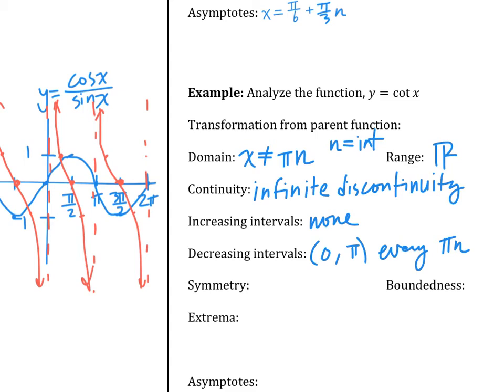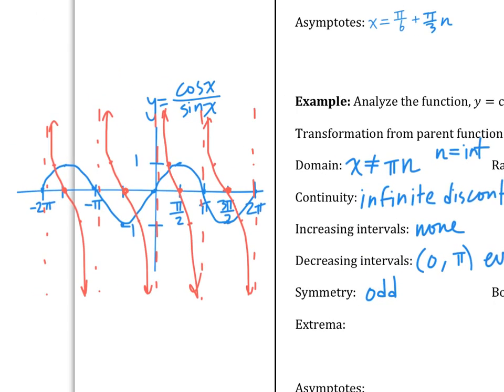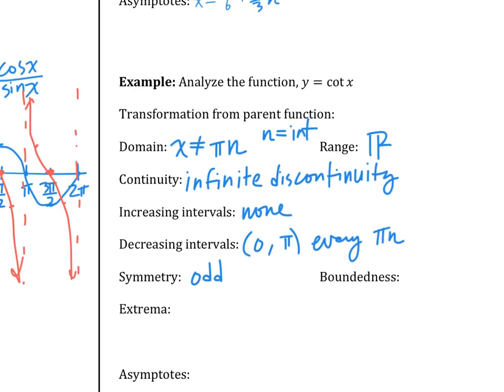Symmetry. Odd. Okay, so if you're not sure if it's odd or even, definitely not even, right? It has to look the same across the y-axis. You can also turn your iPad 180, and then if it looks exactly the same around the origin, the key is around the origin, then it's odd. Boundedness.